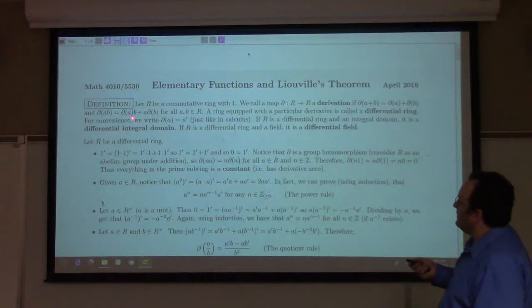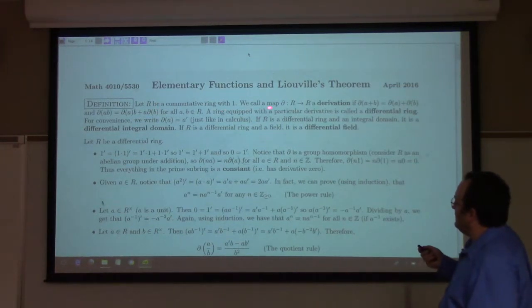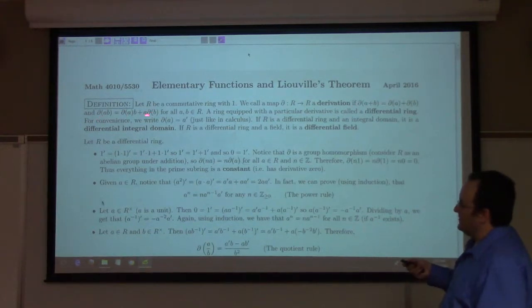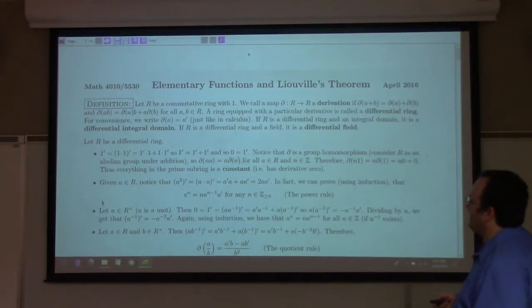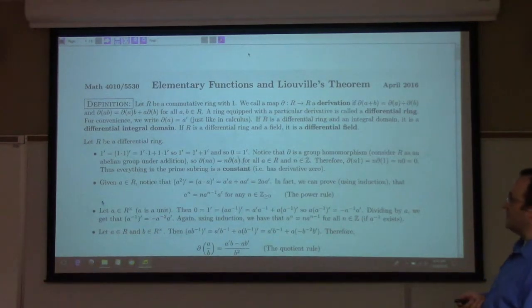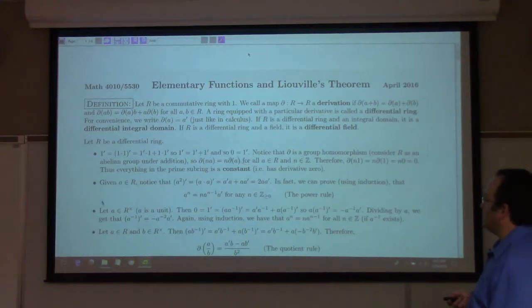So here it is. If we have a commutative ring with 1, you probably already know what a derivation is, right? It's linear, it means additive, and it obeys the Leibniz rule, on the ring itself, not on functions of the ring.